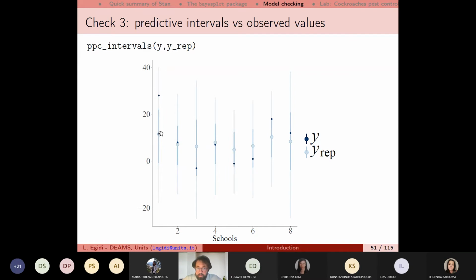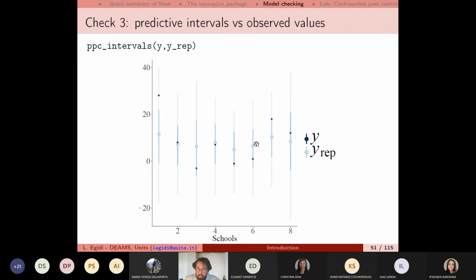So basically, we will have the medians and the 50% intervals and 95% intervals. As you can see, the y also in this case fall inside the predictive intervals. Some of them fall inside the 50% predictive intervals, some of them fall within the 95%, but all of them fall within the predictive interval.